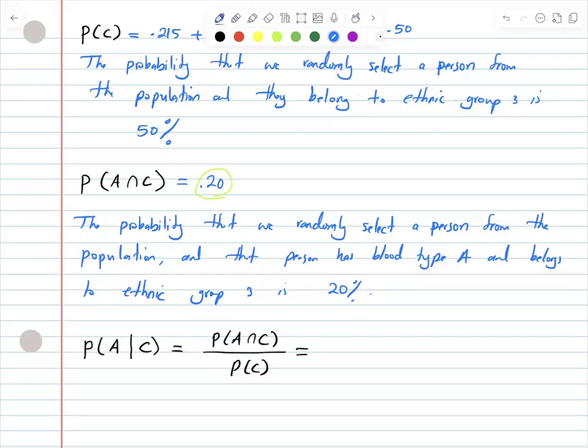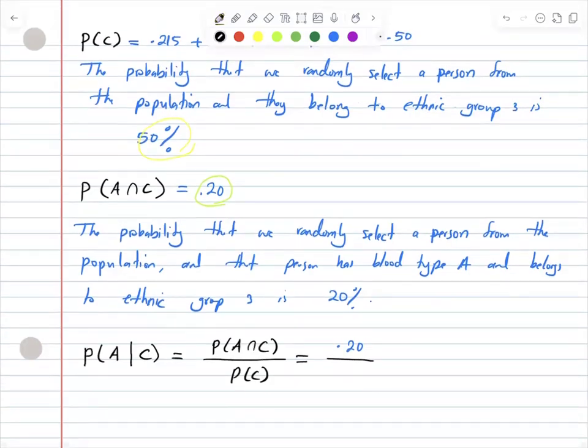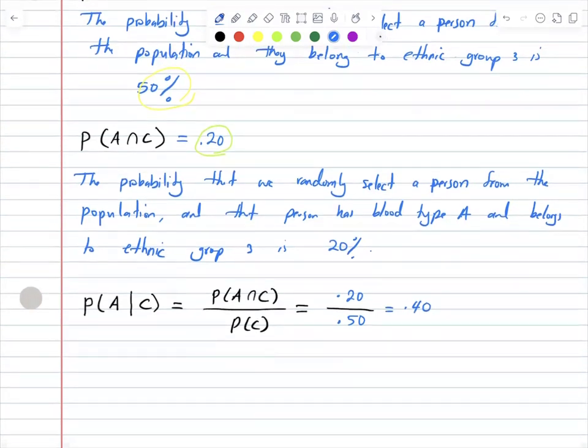So just type it here, 0.20 divided by the probability of C, which we calculated up here, 50%. So this is 0.50, and this is going to be just 40%. So now compare these two, the probability of A and C and the probability of A given C. We have a different probability now.